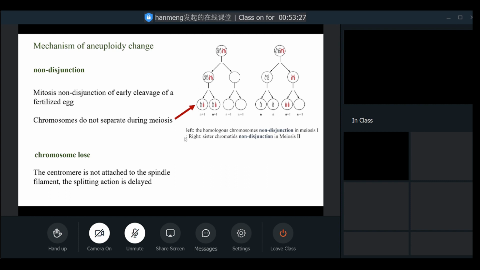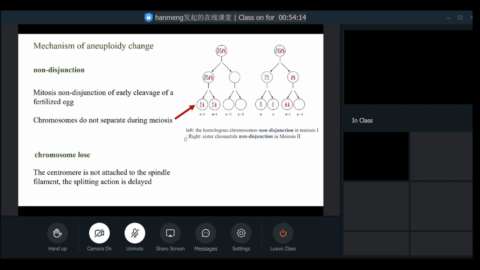So if the non-disjunction occurs earlier in the cleavage of the fertilized egg, there will be more abnormal cells. If this condition occurs very late in the fertilized egg cleavage, then maybe only a few abnormal cells will appear.